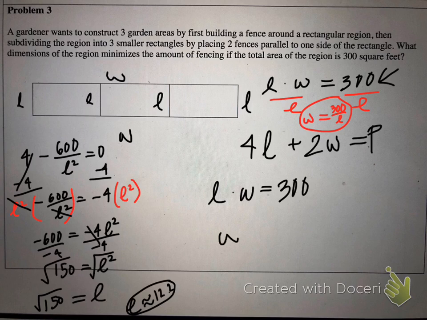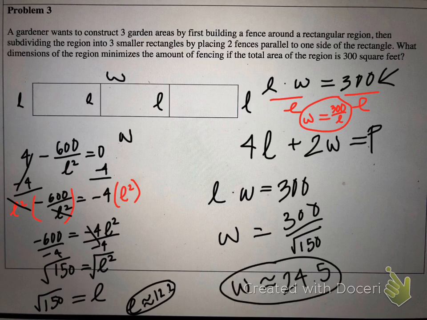So let's plug it into that one instead, because that one's just going to give us W. So we said 300 divided by L. And we found out that L is the square root of 150. So let's see what that gives us approximately. Okay, so we get approximately 24.5, which makes sense, right? Because the width is much longer than the length.